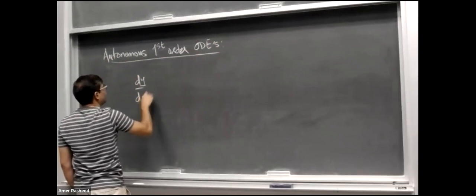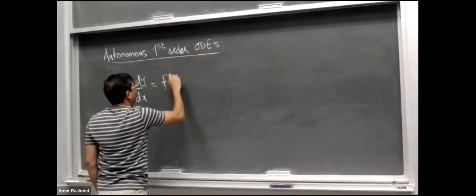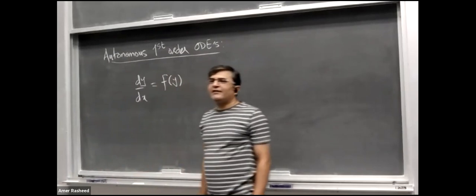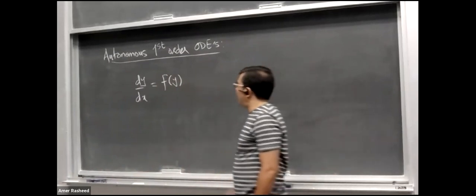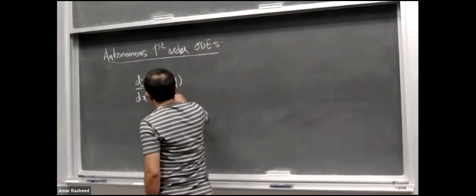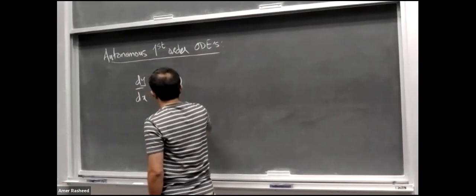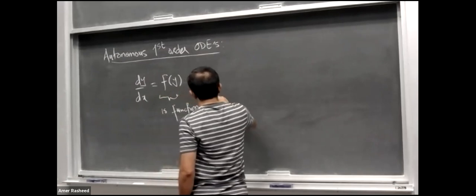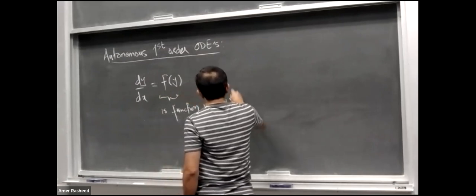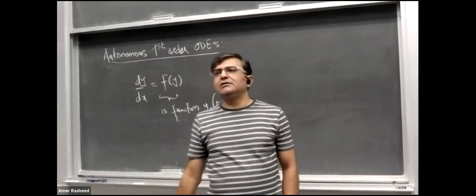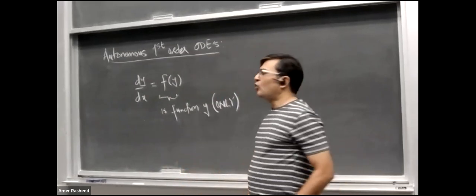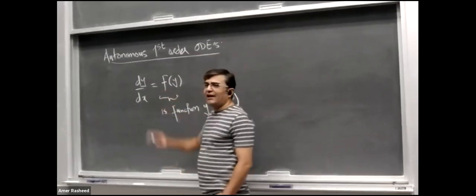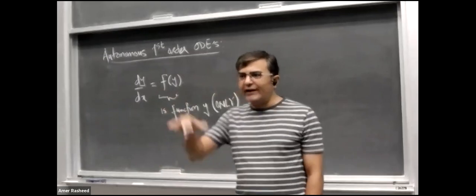These are differential equations of the form dy by dx equals f of y, where the right hand side function f of y is a function of y only. The independent variable is not involved in the right hand side function explicitly. It is hidden.